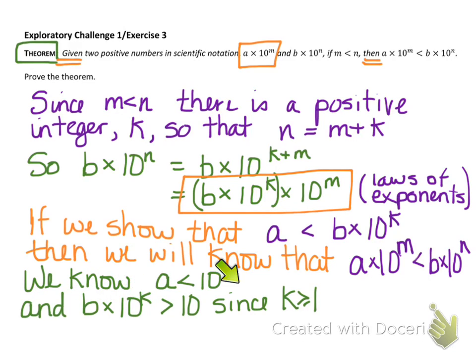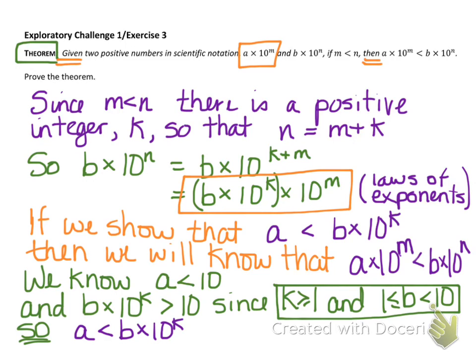k is at least 1 because it's a positive integer. So it can't be 0. It can't be negative. So I know that some number between 1 and 10 multiplied by a number that's at least 10 is going to be greater than 10. So since this number is greater than 10 and a is less than 10, yeah, I wrote that, b is between 1 and 10.